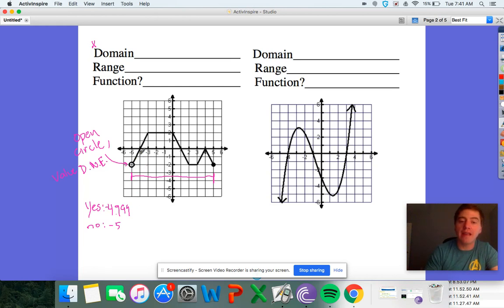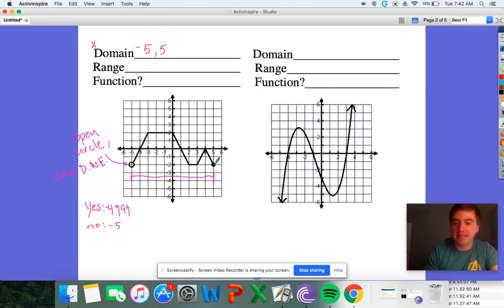So the domain is actually going to be from -5 to 5. There are two ways we can write it. One is interval notation. Interval notation is written just like this. We have -5 to 5, so the minimum and the maximum. Then we use brackets and parentheses to let you know if the endpoints are included or not.